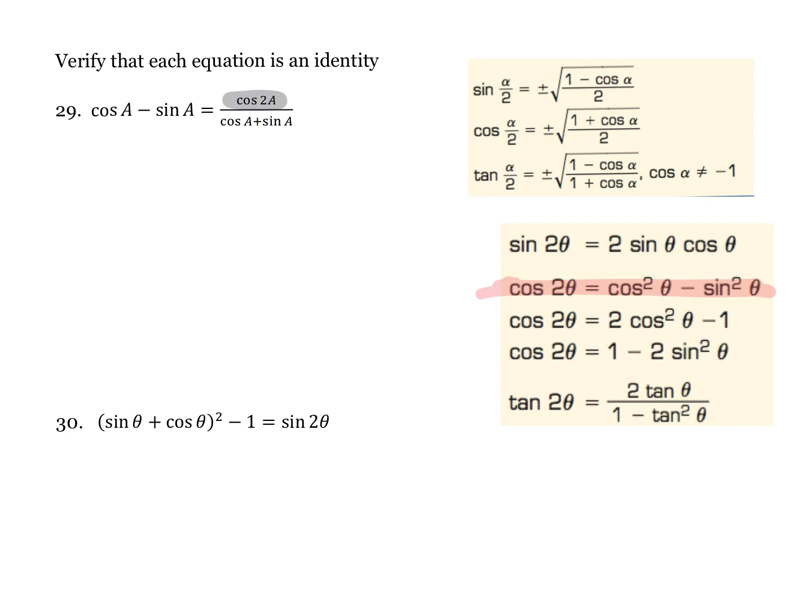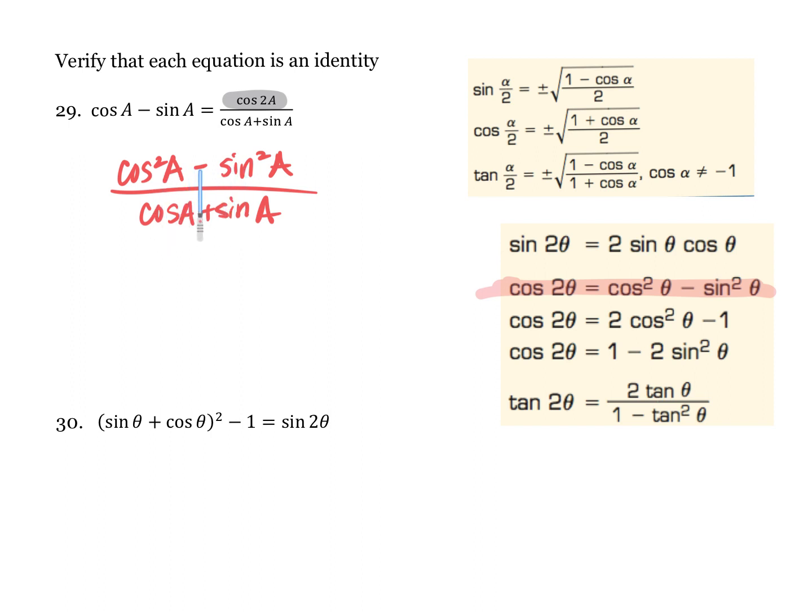That cosine of 2a we know is equivalent to cosine squared of a minus sine squared of a, all over cosine of a plus sine of a. Here we go. How could we break this one down?